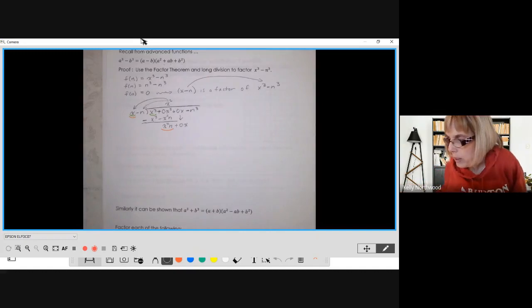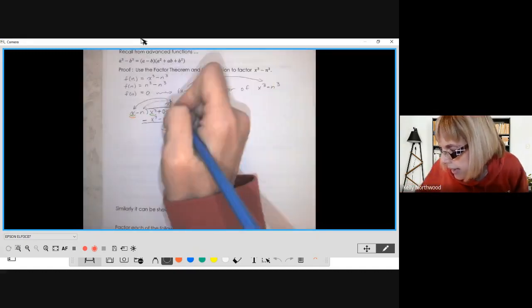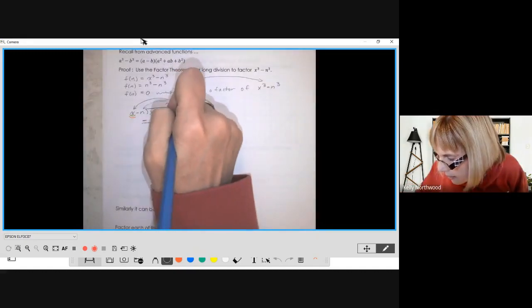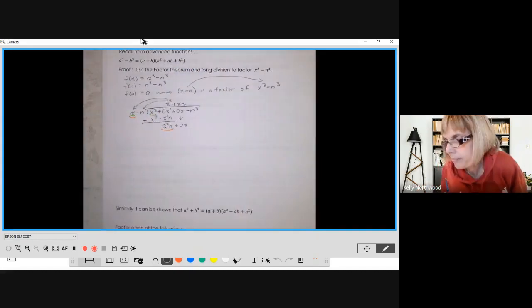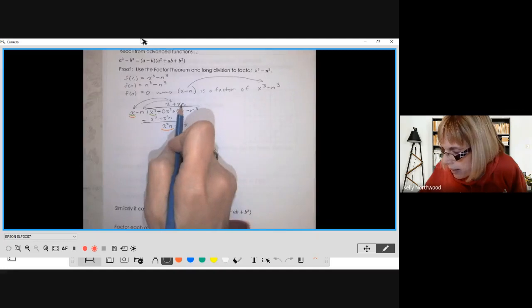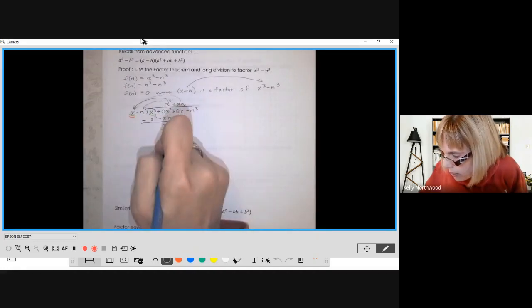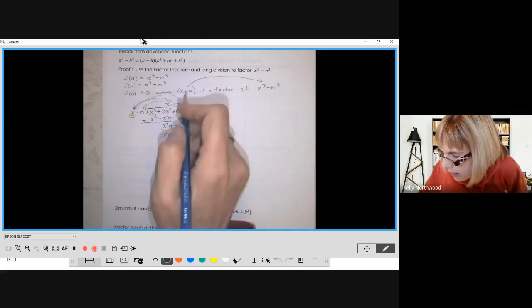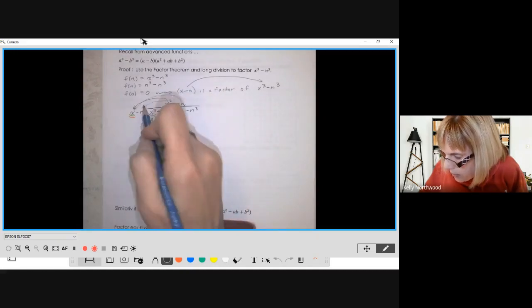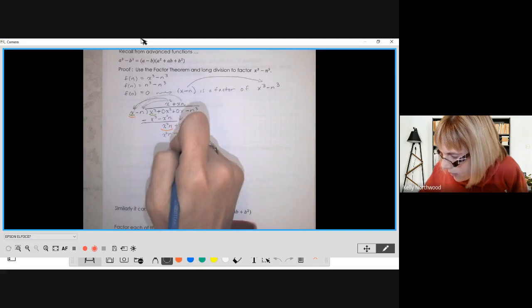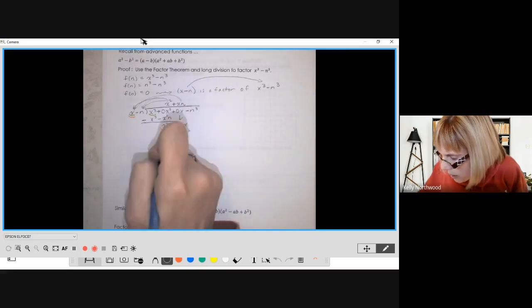So you'd need to multiply it by xn. Same thing, xn times x is x squared n. xn times negative n is negative xn squared.